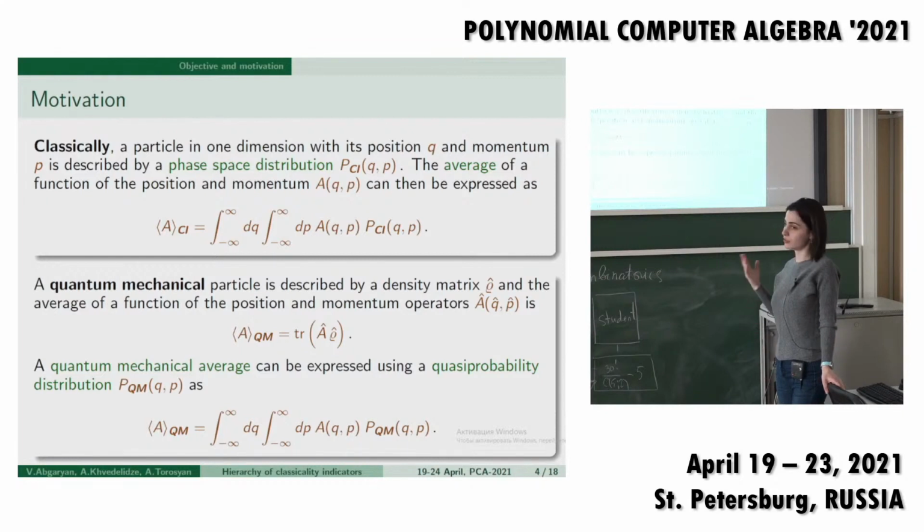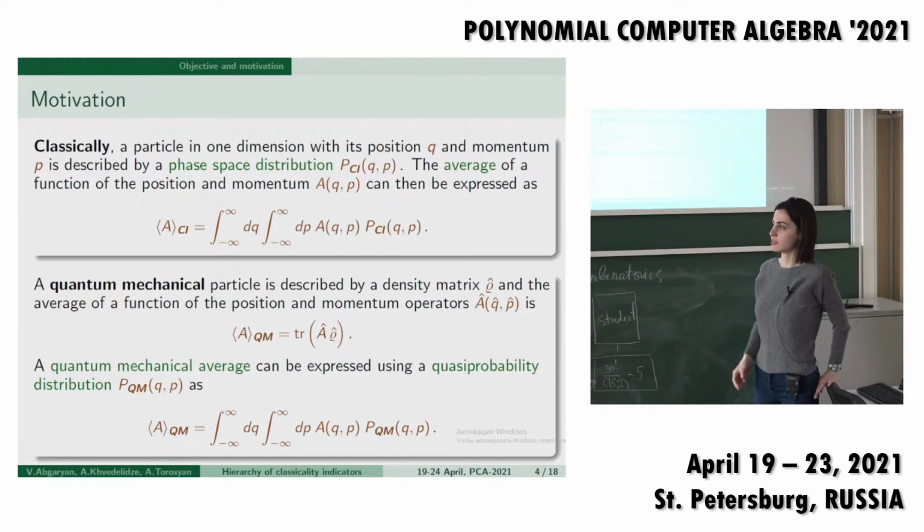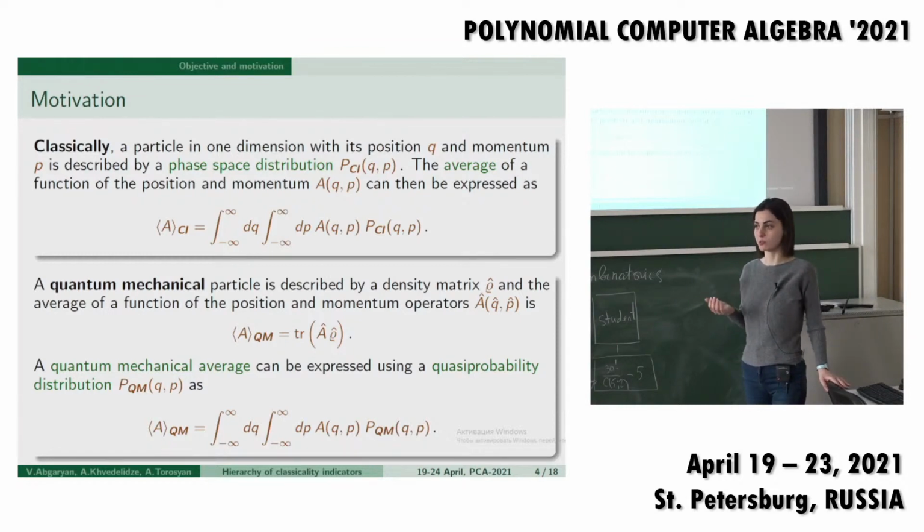Wigner was the first who introduced such a distribution function, which is now called the Wigner function or the Wigner quasi-probability distribution, and that sets some interrelations between classical and quantum mechanics.